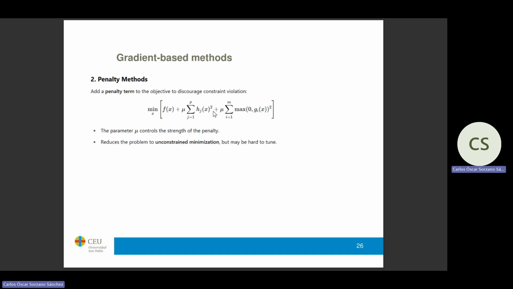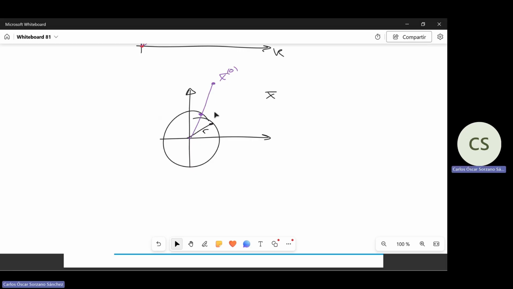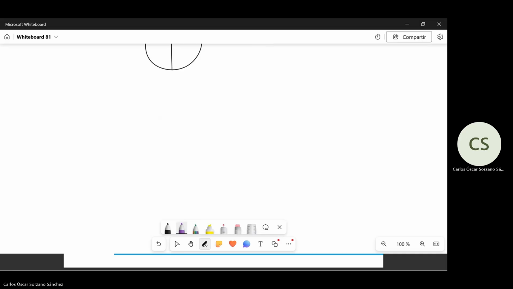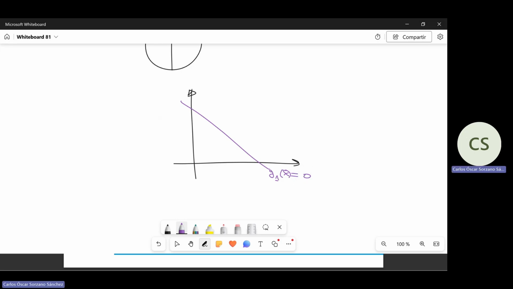Okay, what about this one? These are the inequality constraints. Let's say that we have here g1 of x. Actually, this line is g1 of x equals 0. And then you are constraining to g1 of x smaller than or equal to 0.